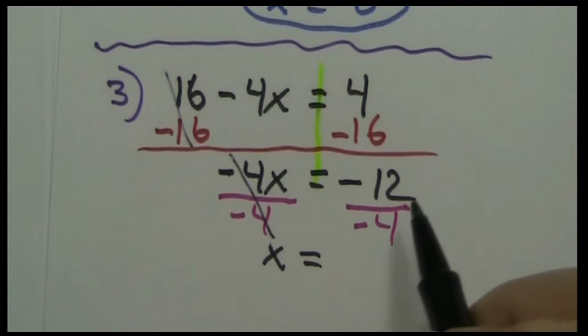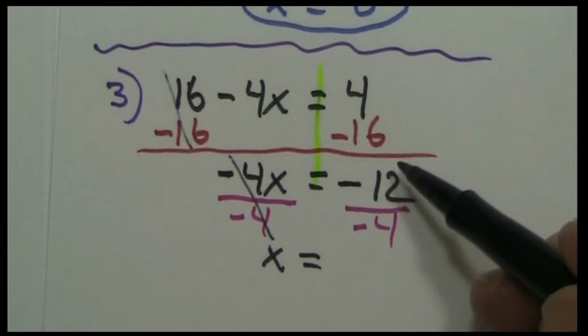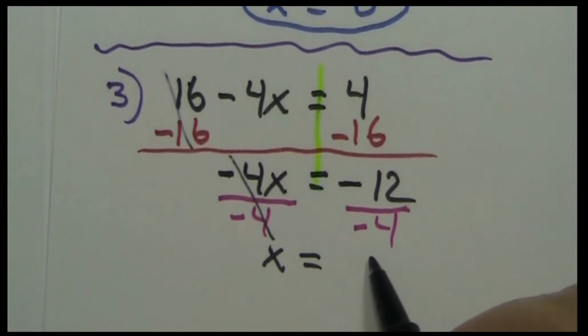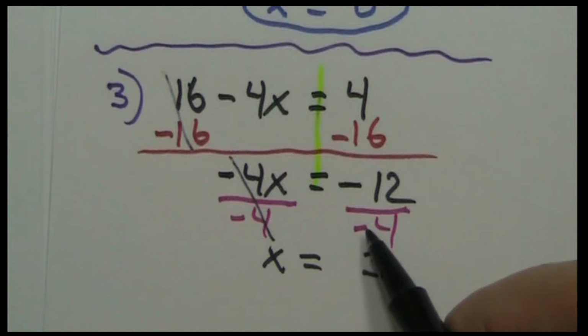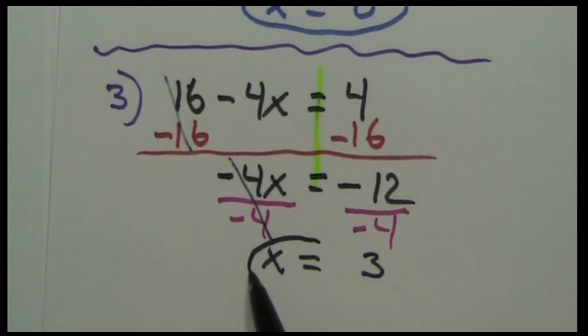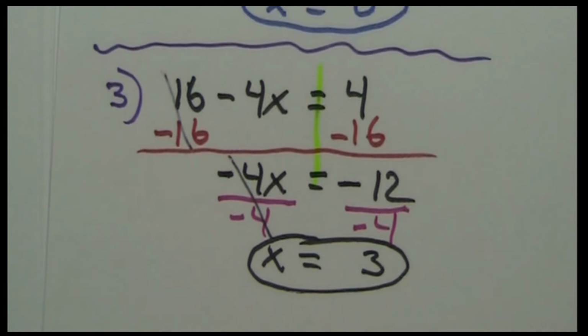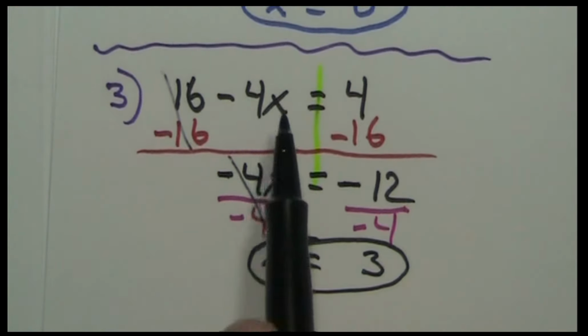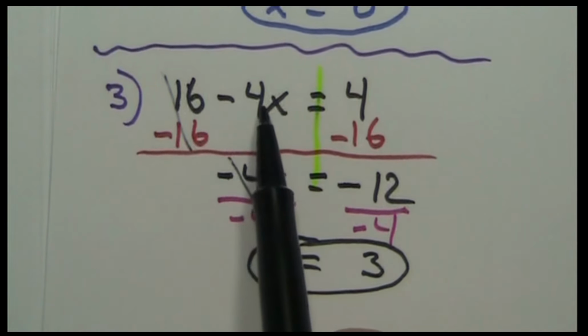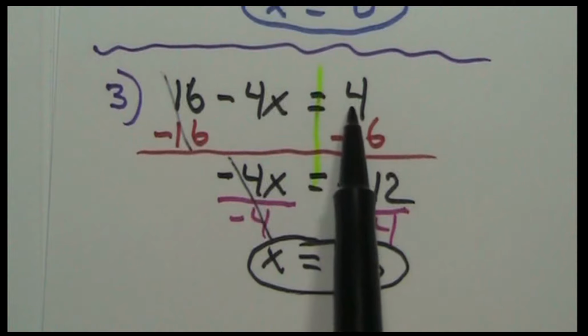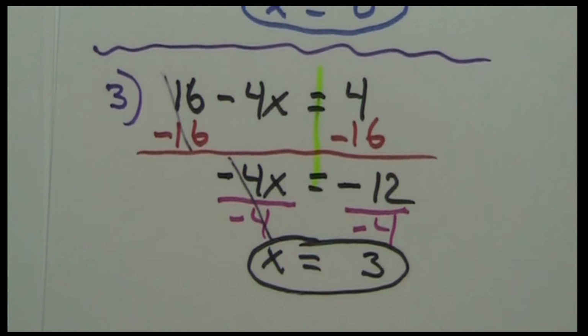And on the right side, 4 goes into 12. And there are 2 negatives. Well, 2 negatives cancel when you're multiplying or dividing. And if you plug this 3 in there, 4 times 3 is 12. So it's 16 minus 12. 16 minus 12 is 4. It works.